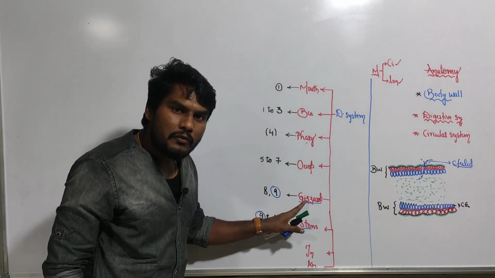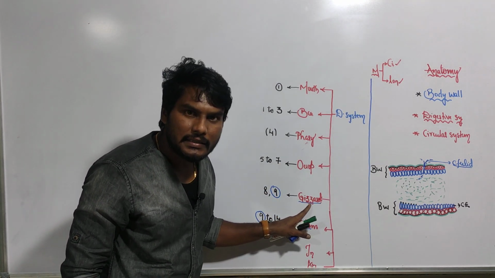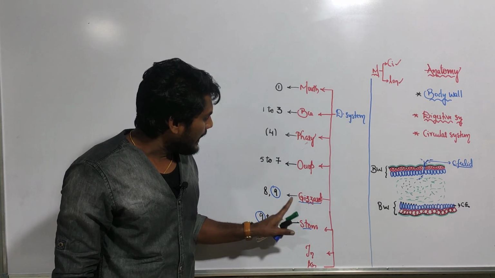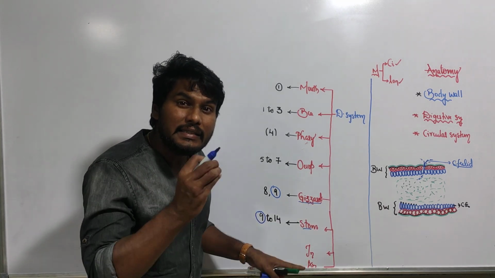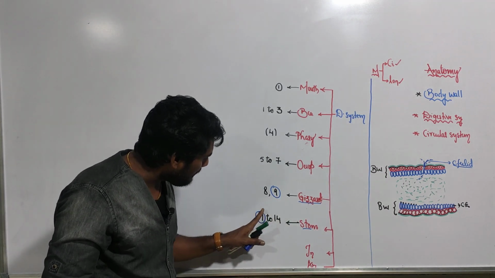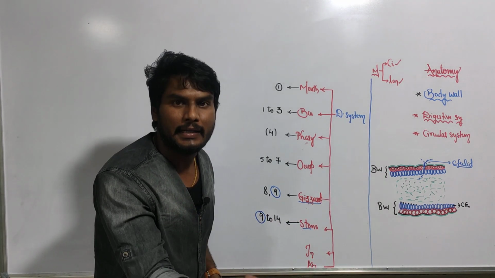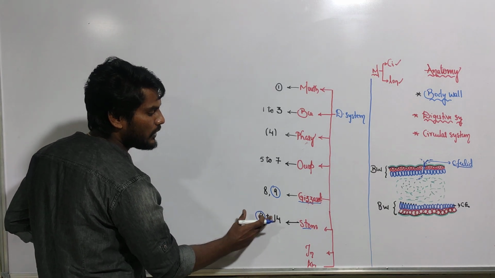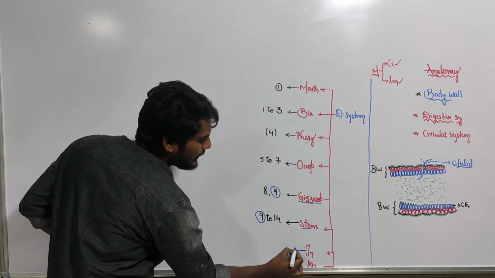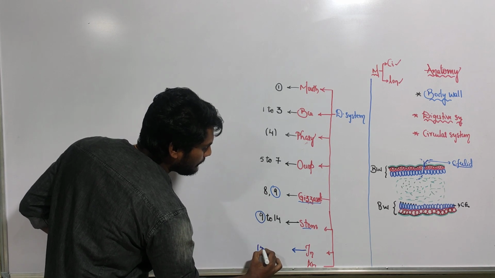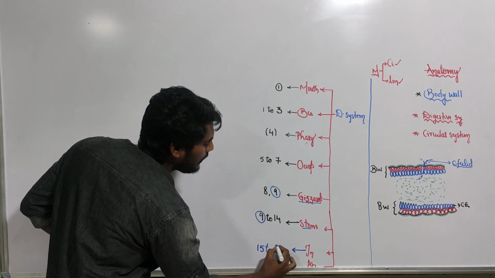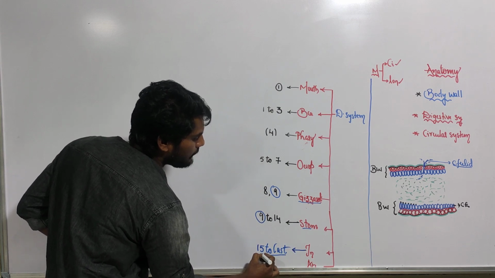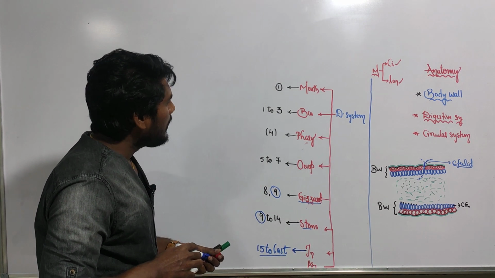So half of the 9th segment contains gizzard and half contains stomach. In the 9th segment, the gizzard is ending, and in the same segment, the stomach is starting. So the stomach extends from the 9th segment to the 14th segment, and the intestine is present from the 15th segment to the last segment.